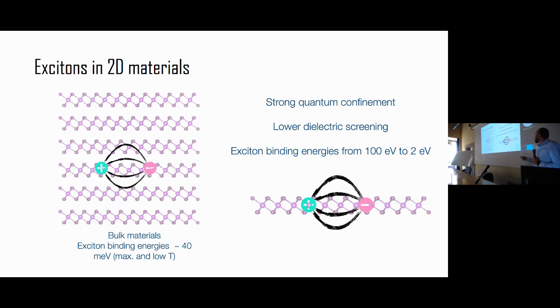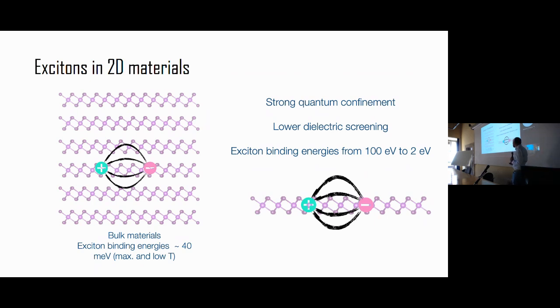In TMDs, you are in the range of 100, 200 millielectron volts, not electron volts, okay? First typo of the day. And then in other semiconductors, you can go up to 2 eV, really 2 eV. Like, for example, boron nitride or this family of the trihalides, no?